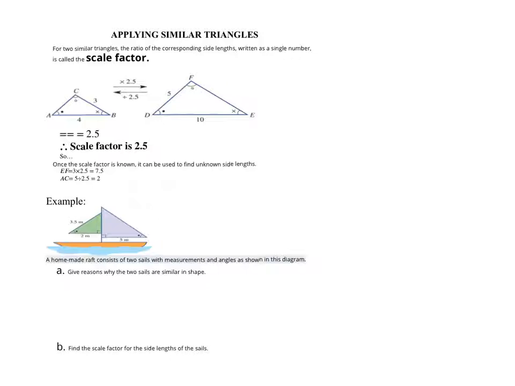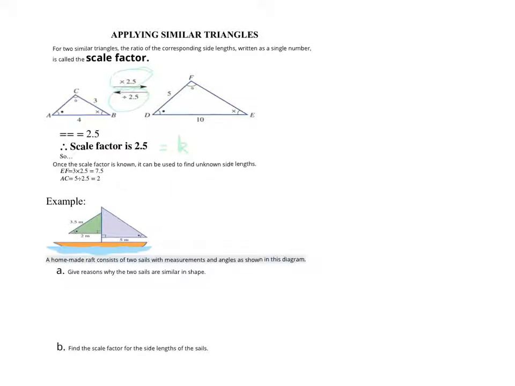In the example in front of you, going from the bigger to the smaller, you are dividing by 2.5, and going from the smaller to the bigger, you are timesing by 2.5. That is our scale factor, and the letter we use for it is K.